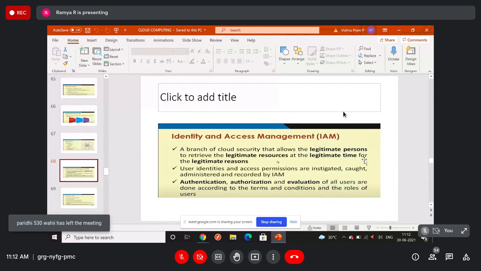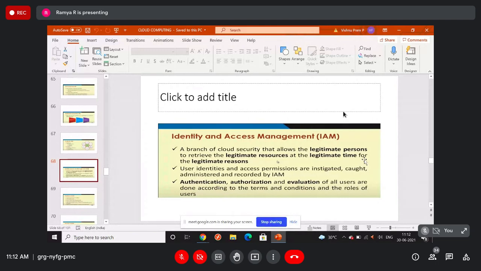Identity management, in the sense that for your Gmail you have an authentication ID, that is the username and the password. That is the identity and access management. These user identities and access permissions are instigated, caught, administered, and recorded by IAM. Your user ID and password will be in Google's database, and whenever you enter them, it checks and then gives you your account information.